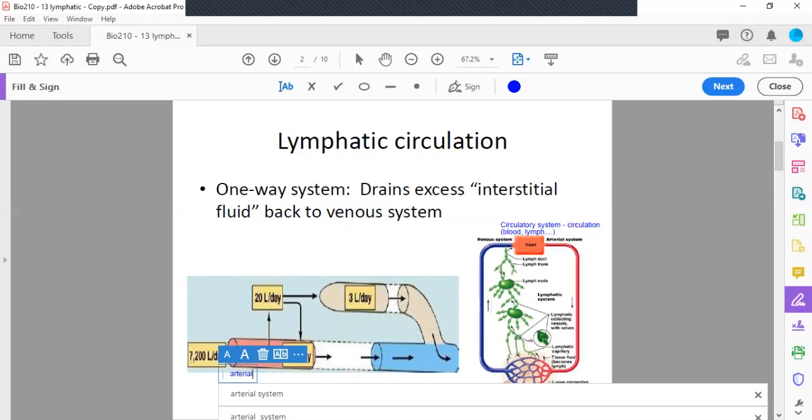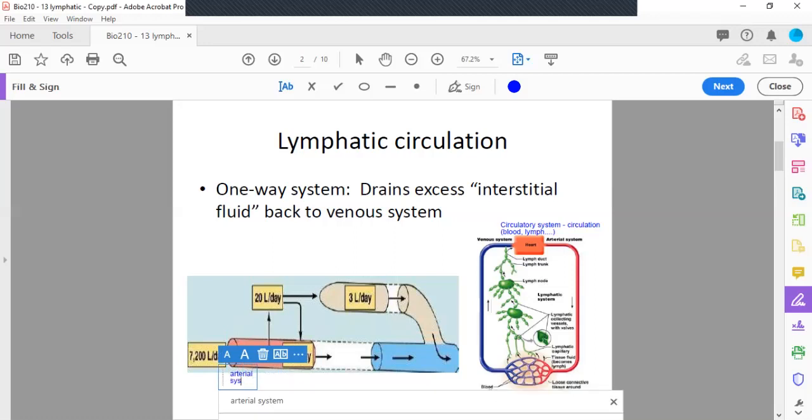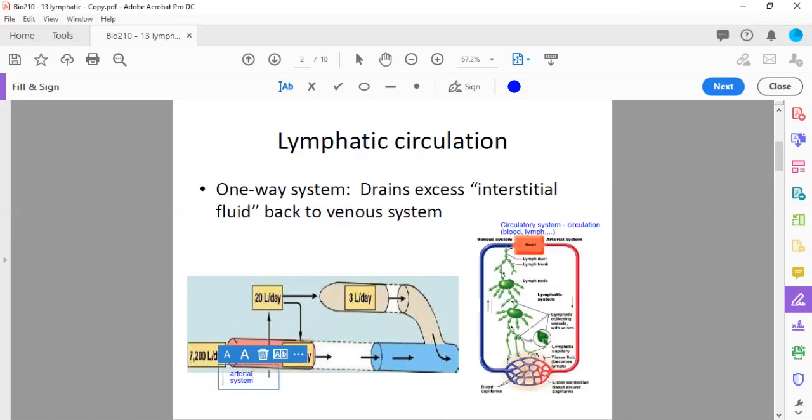So this represents the arterial system. And this represents what's called the capillary beds. If you remember what I taught you in the last slide, capillaries do not exist by themselves.